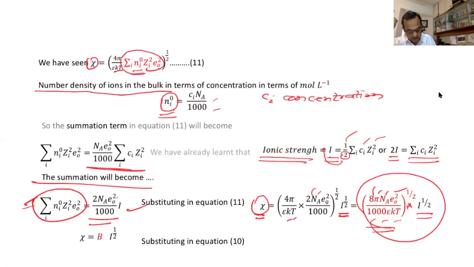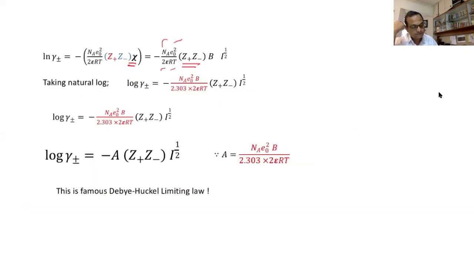Sorry, I forgot here, let me hold this constant and call it B. So my chi is now B into I raised to half. I is the ionic strength, B is a constant, which is this value, 8 pi N_A e0 square upon 1000 epsilon kT raised to half. So ln gamma plus or minus now will become the substitution value of chi.